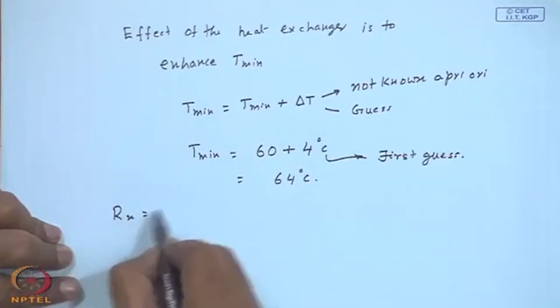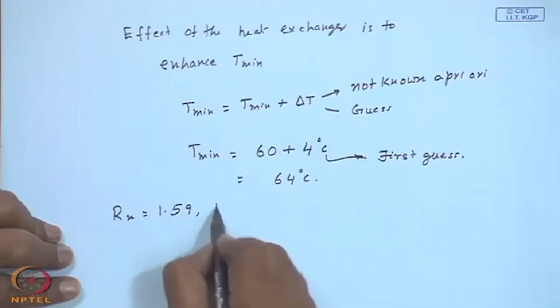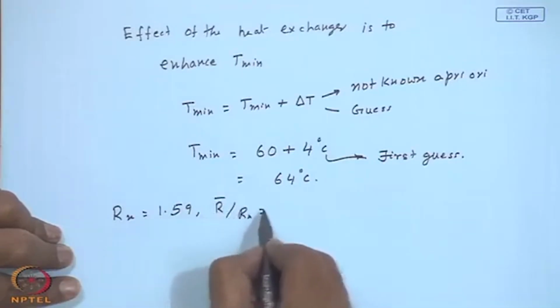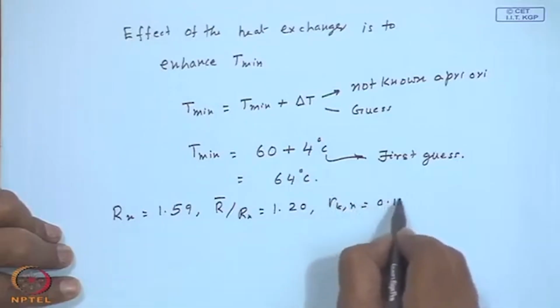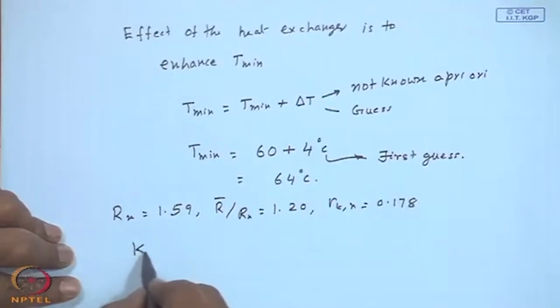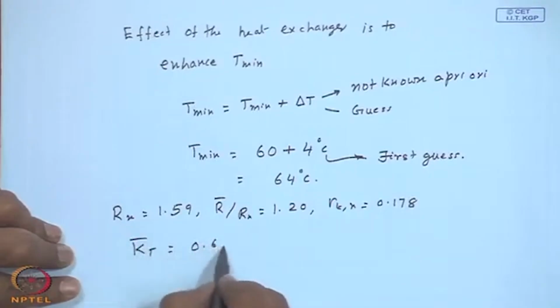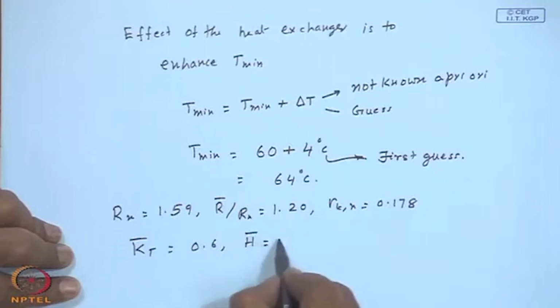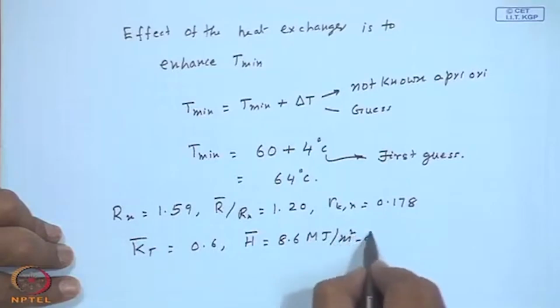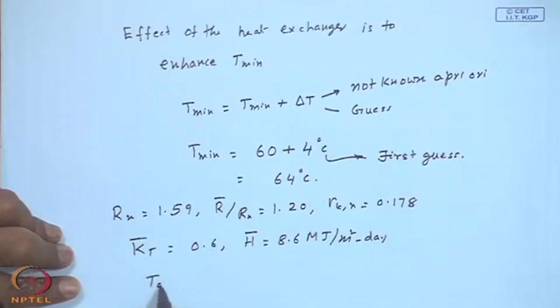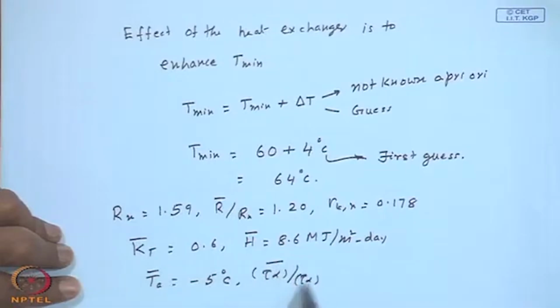R n is 1.59, R bar by R n is 1.20, and R T n is 0.178, K T bar is 0.6, H bar equal to 8.6 megajoules per meter square day, and T A bar is minus 5 degrees C, and we calculated tau alpha bar by tau alpha n equal to 0.94.